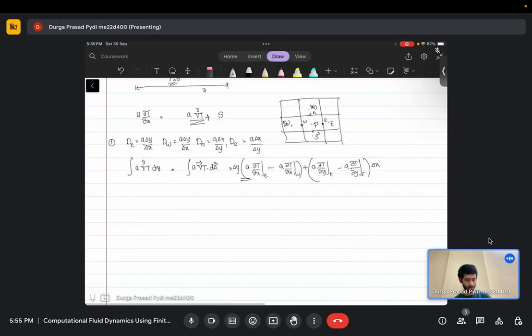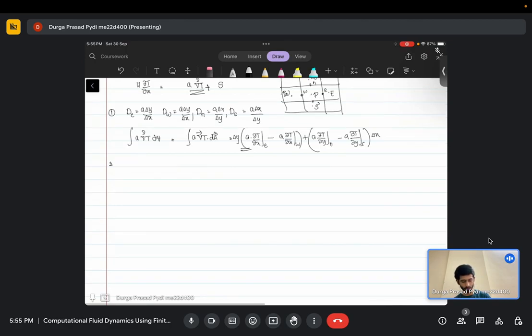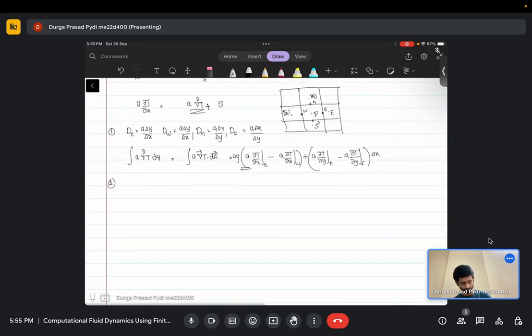Once we get the diffusion coefficients, the next step is to get our convective coefficients, F east, F west, F north and F south. F north and F south are quite straightforward. We do not have a v component here, so along north and south we don't have any convective coefficients, so those will be 0.